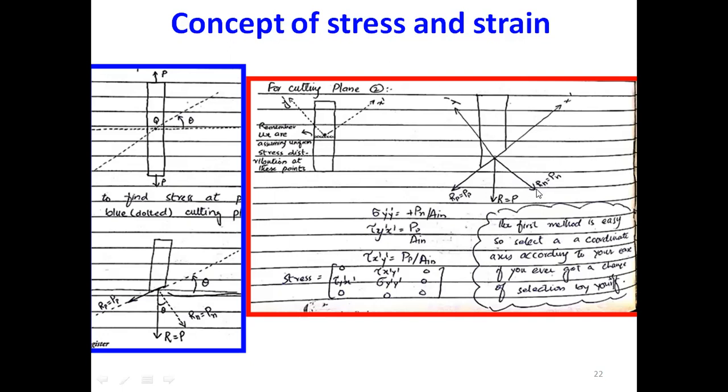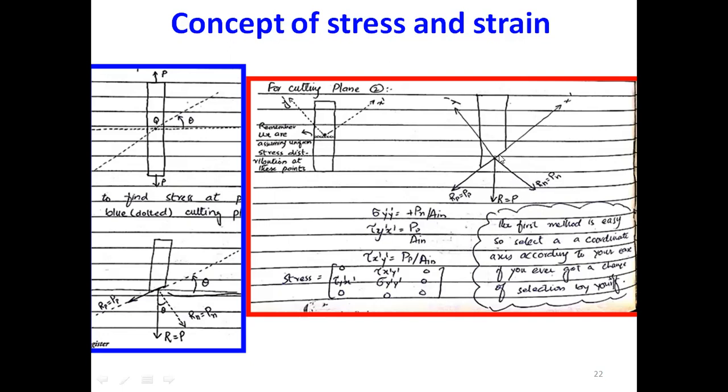The normal of this area is along y prime, and this force is along y prime. So because of that, we would have sigma y prime, and it would be equal to plus p n, that is p cos theta, by the area of this slanted face, which is a n.